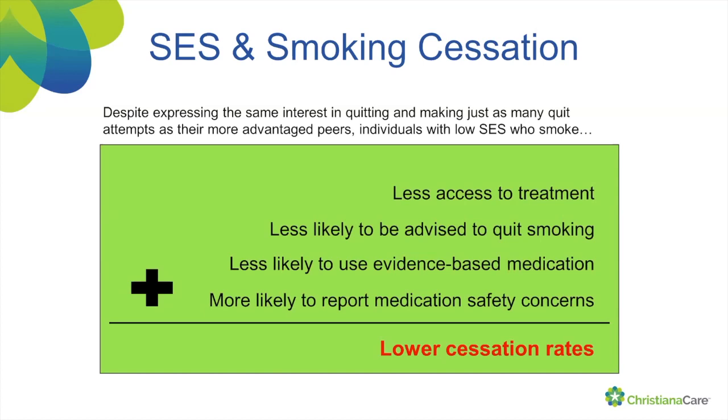However, individuals of low SES are less successful in quitting for a number of reasons. Number one, they have less access to treatment. When they do have access to treatment, they are less likely to be advised to quit smoking. They are less likely to use evidence-based medication, and individuals in this group are more likely to report medication safety concerns and therefore are less likely to use medication or use it as indicated. And in total, this leads to lower cessation rates.